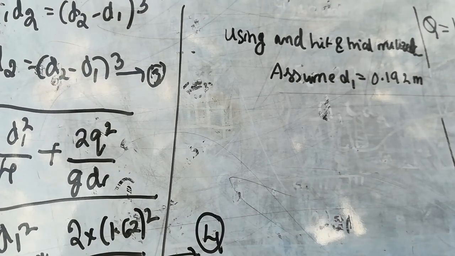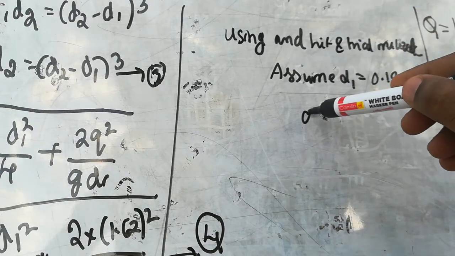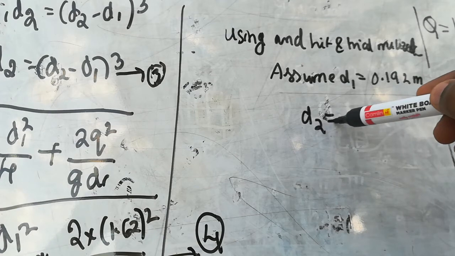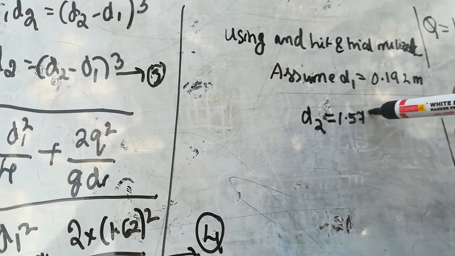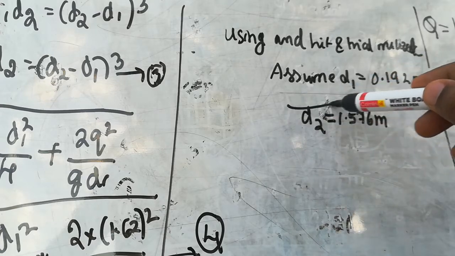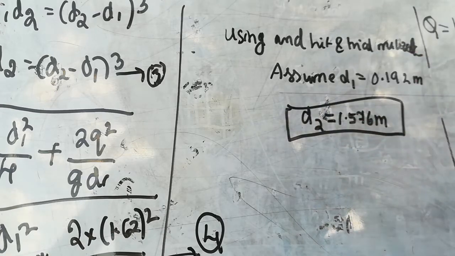If you assume that value, you will get the d2 value, 1.576 meter. The d2 value we will get is 1.576 meter.